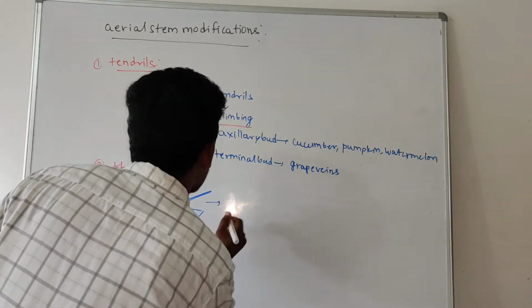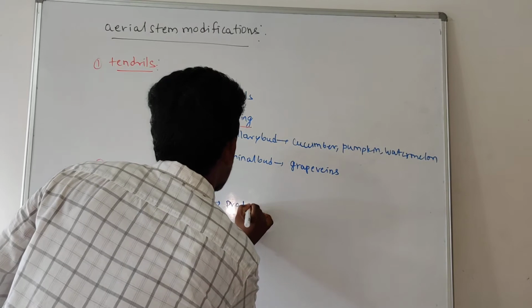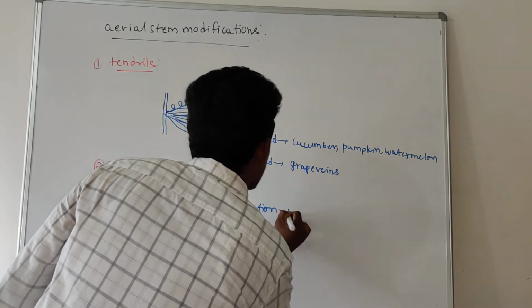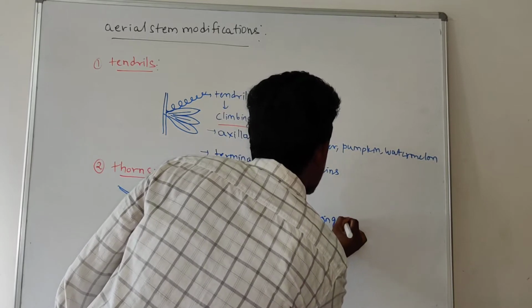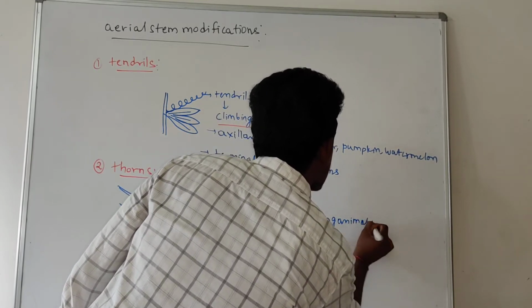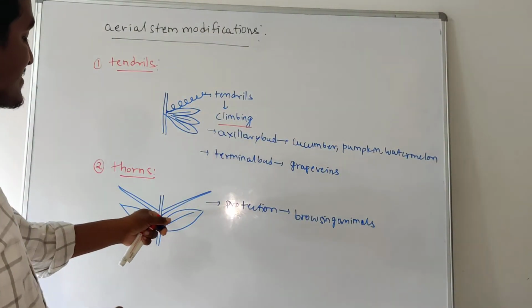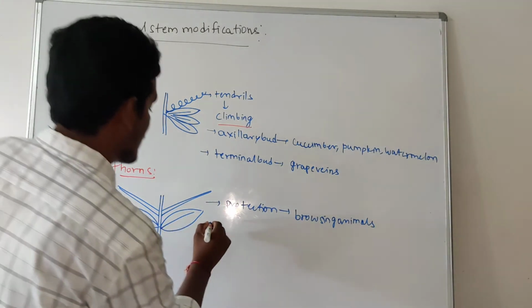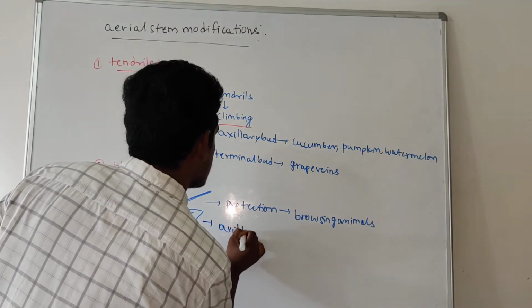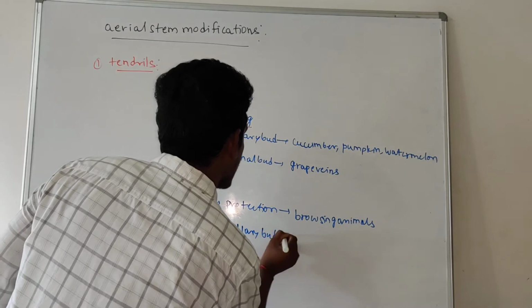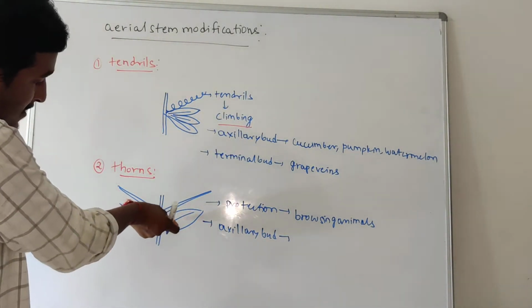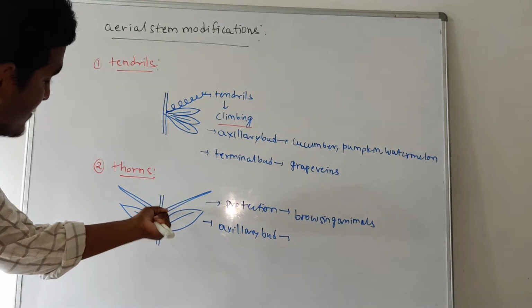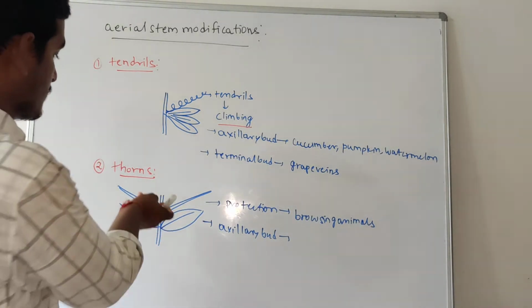So it helps in protection from browsing animals. Where are the thorns originated? Here the axillary bud is modified into a thorn.